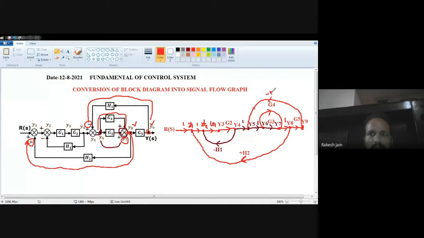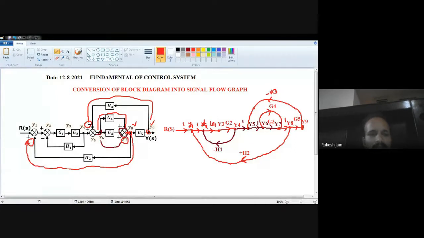Why? Because h3 goes with a negative sign. I just shift this g4 gain a little bit lower, so I draw this minus h3 clearly.